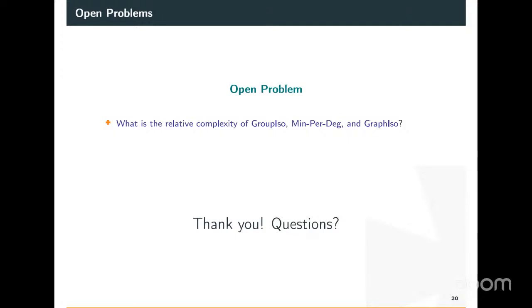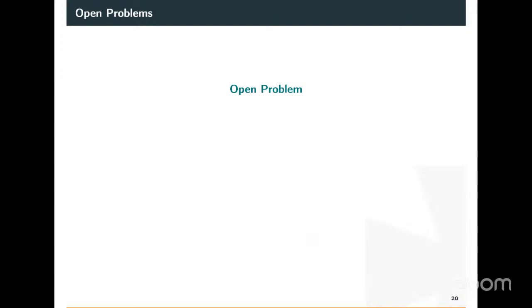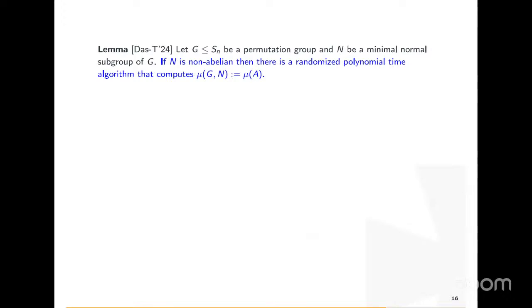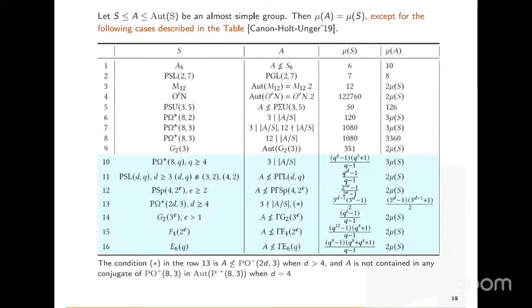For example, there was a table with a whole bunch of special groups where some of these parameters seem to be equal. Are there any of these groups where the group isomorphism problem, with the promise that the two groups are of one of these types, is easier, say polynomial time?